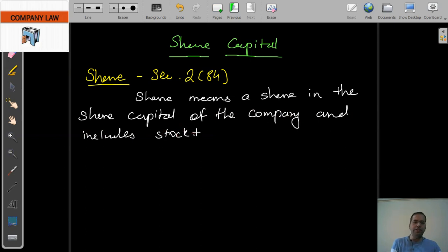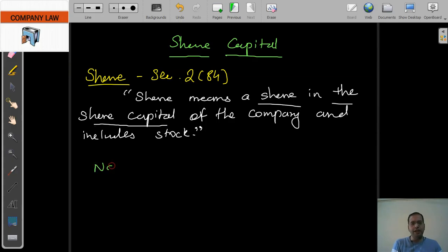Share is different from stock, how it is, we'll talk a little later. So share means a share in the share capital of the company. We need to break this definition and understand the exact nature of the share. So if we put pointers, how can we define this particular type of share?